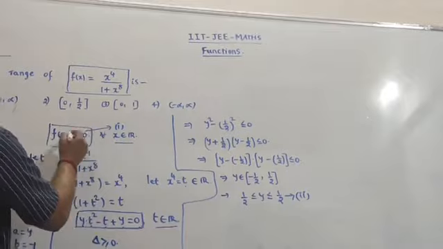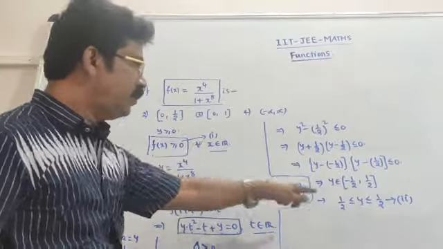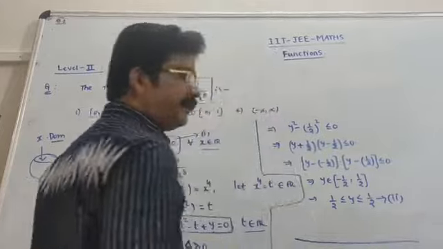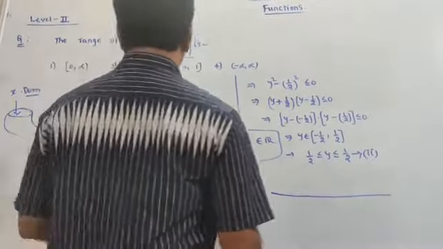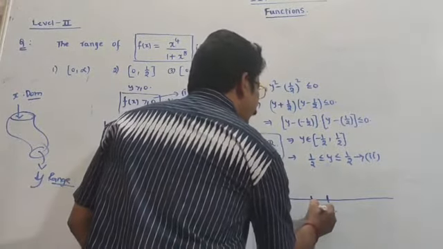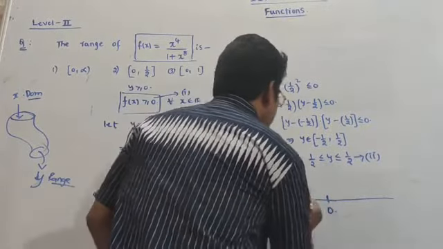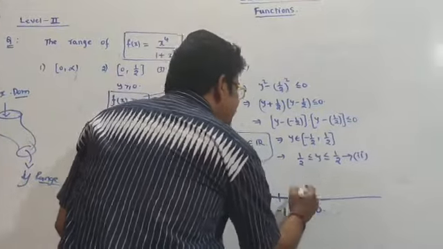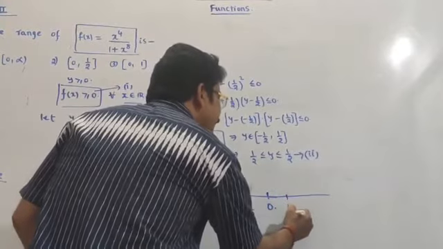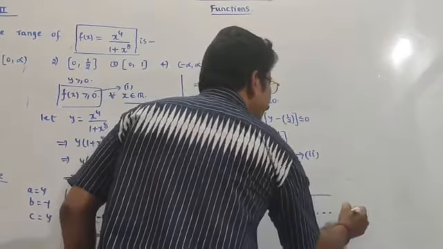So f of x means y greater than or equal to 0. So we have two statements, and by using these two statements we have to find the combined solution for y. On the number line, this is 0, this is minus 1, minus 1 by 2, plus 1 by 2, plus 1 and so on up to infinity.